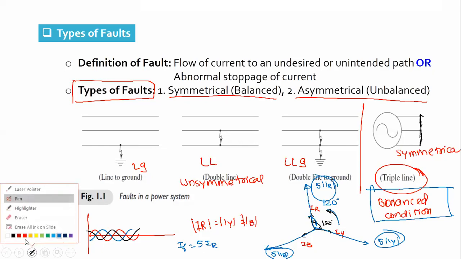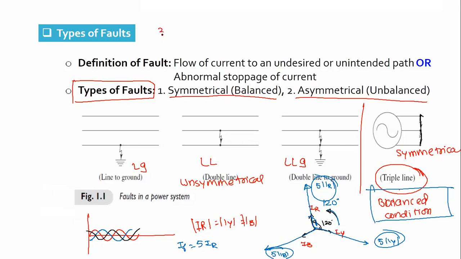So we know that if we have a three-phase balance system, how can we analyze it? Any idea?